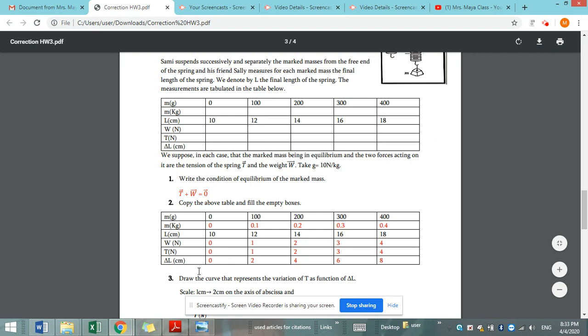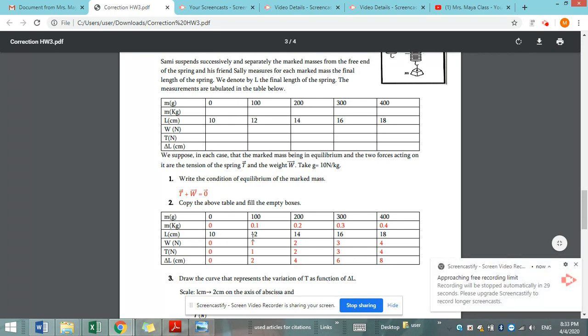Initially, when I had no mass, what was its length? This is the initial length, the free length. I got it from here. It was not given directly. We have to conclude that when I have no mass, this is the free length.